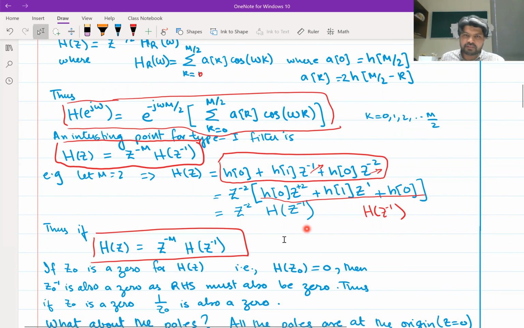If we have a 0 of h of z, for example a zero at z is equal to z naught, so h of z naught is 0, then this relation would mean that z naught inverse is also a 0. Because these two quantities are equal, if there is a 0 at z naught then there must also be a 0 at 1 over z naught, only then would the left hand side be equal to the right hand side. So the zeros would appear as reciprocal pairs. If we get a 0 at z naught, then a 0 will also come at 1 over z naught.